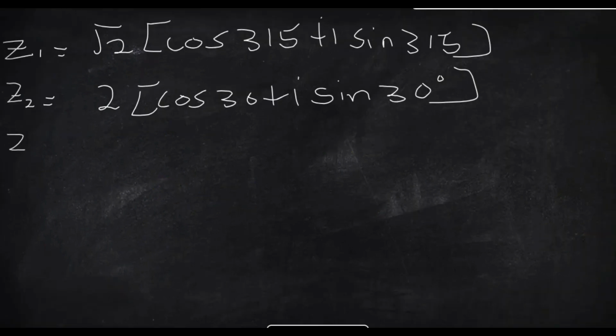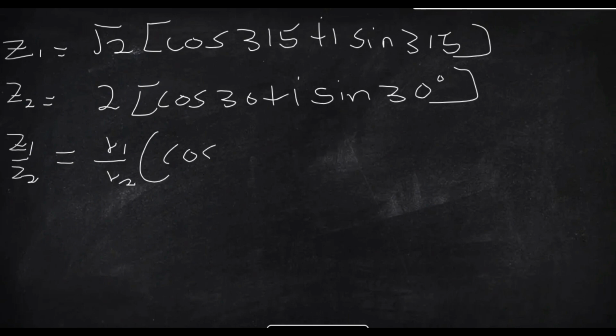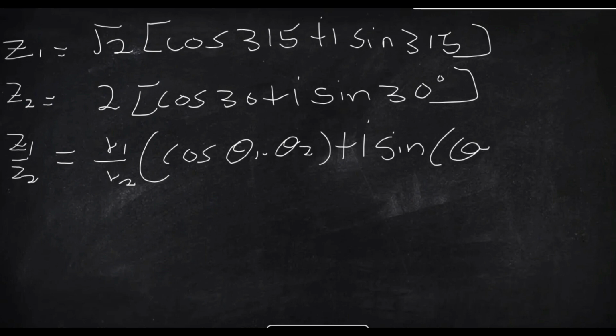To find z1 over z2, we divide the radius r1 divided by r2, cos of theta 1 minus theta 2 plus i sine of theta 1 minus theta 2.